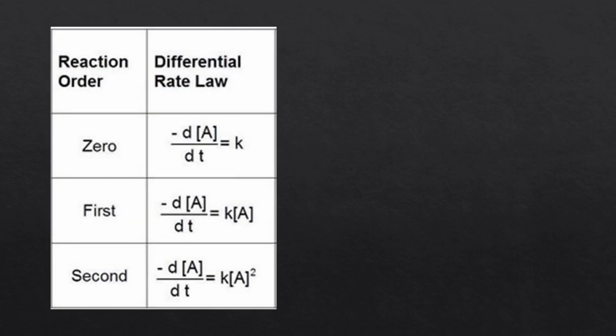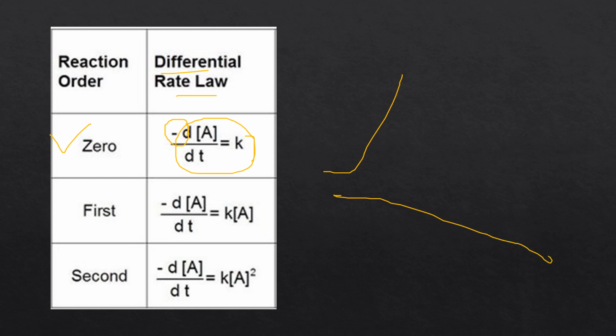Have a look at this, the differential rate law for different orders. If we have the zero order, the rate will be equal to d upon dt. The graphical representation will decrease.